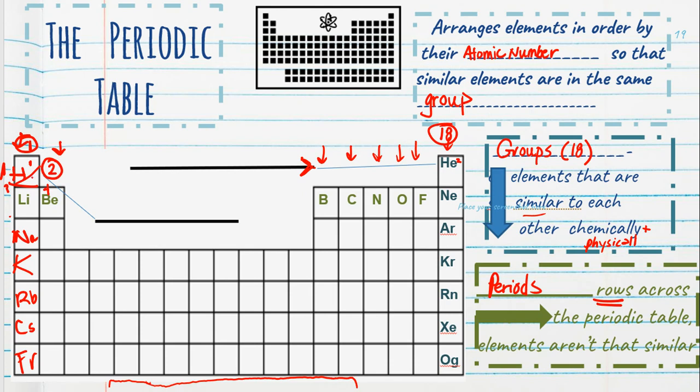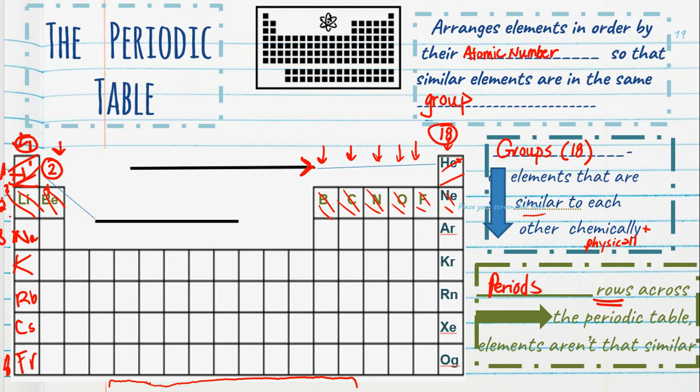So this right here, hydrogen and helium are in the first period. The second period right here, we have lithium, beryllium, boron, carbon, nitrogen, oxygen, fluorine, neon. This is the third period, and all the way down to the 8th period on the periodic table.